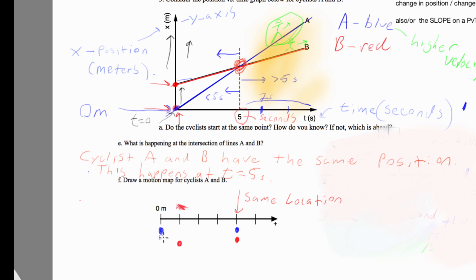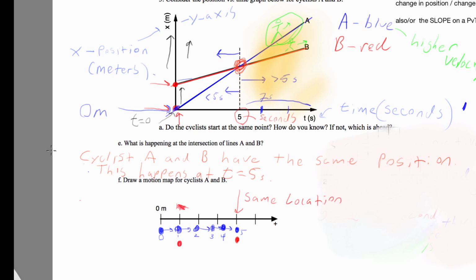I'll put a little 0 there, and he's moving forward, and then he's at position 1, and then position 2, and then he keeps moving, and he's at position 3, and then at second 4, and then at second 5. I kind of got lucky, I spaced that nicely, but it's actually hard to do that perfectly. So it's showing that at 5 seconds he arrived at that location.